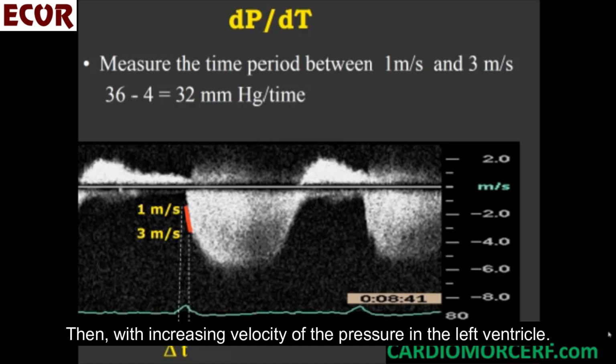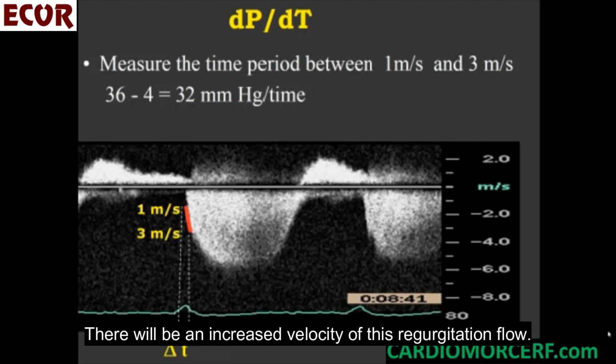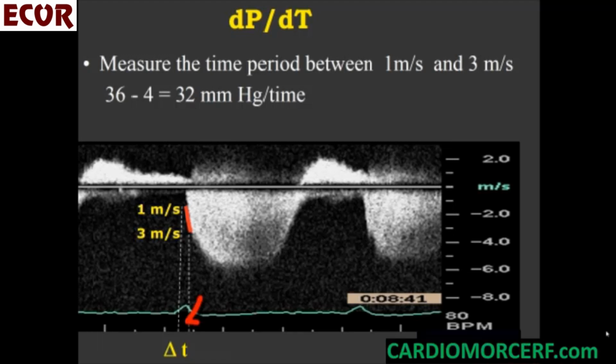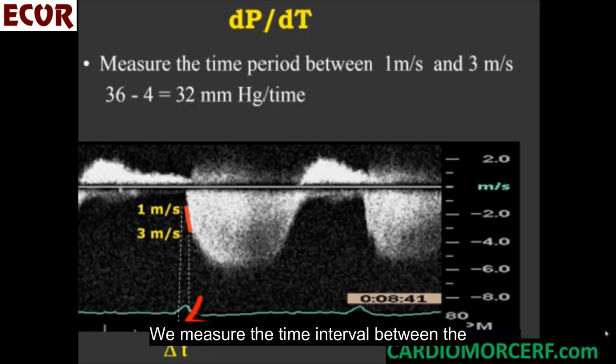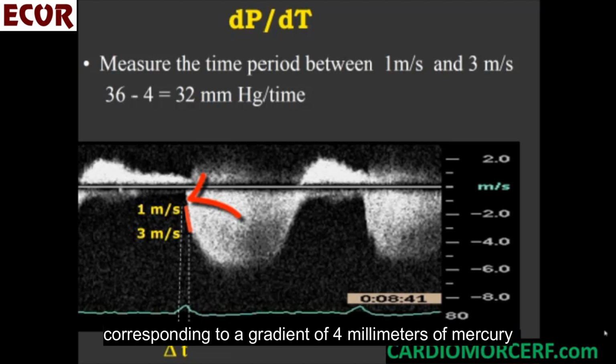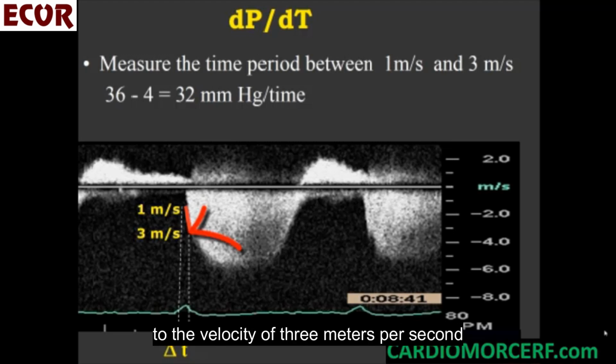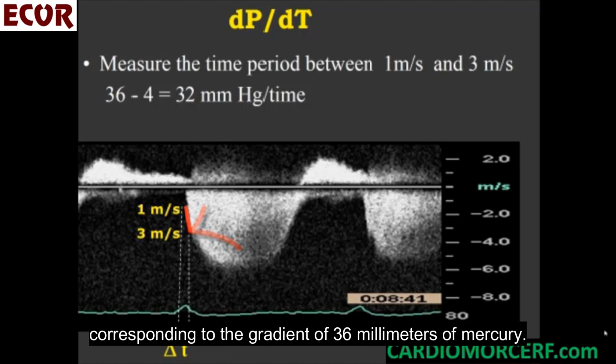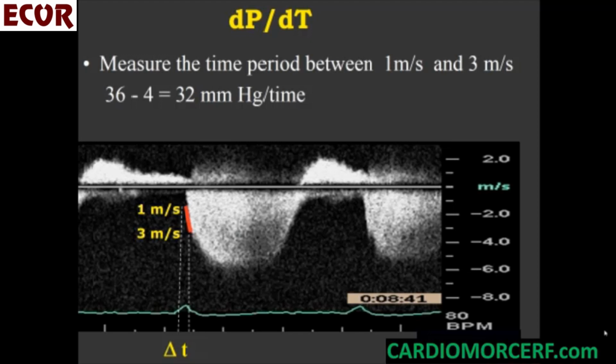Then, with increasing velocity of the pressure in the left ventricle, there will be an increased velocity of this regurgitation flow. We measure the time interval between the velocity of 1 meter per second, corresponding to a gradient of 4 millimeters of mercury, to the velocity of 3 meters per second, corresponding to the gradient of 36 millimeters of mercury.